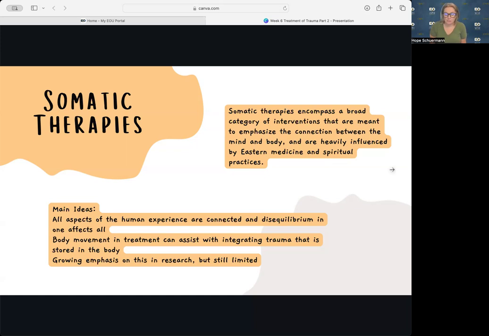And even our more advanced trauma techniques are built on that idea. Things like EMDR and brain spotting that we'll talk about shortly are based on this idea that trauma does get stuck in our bodies and in our brains, and we have to find a way to integrate it to move forward. And so there is a growing emphasis on this type of therapy in the research, but it is still limited.